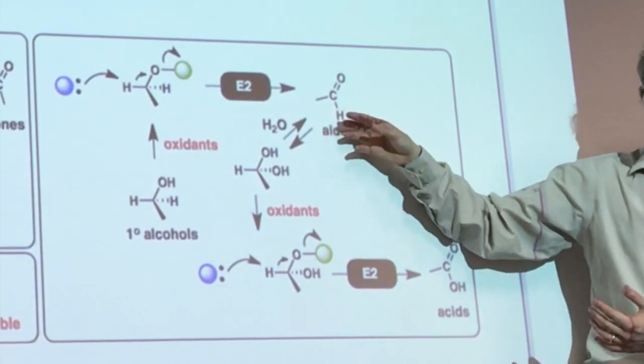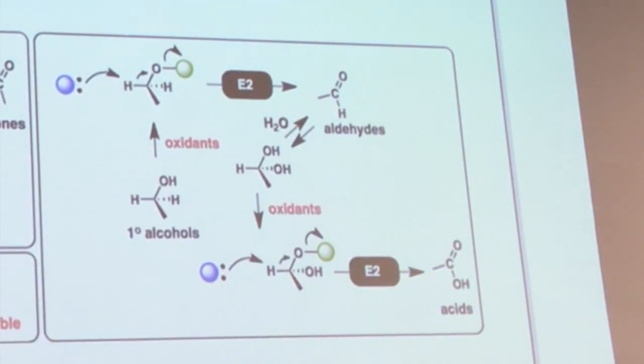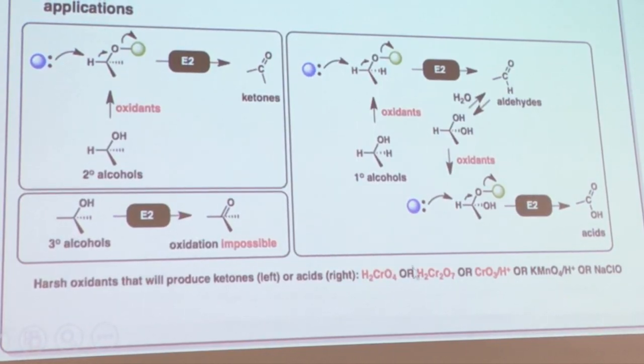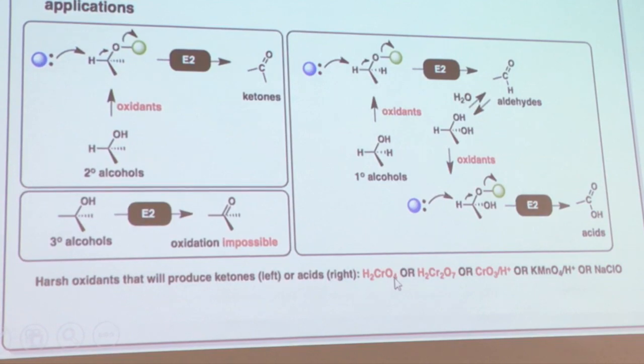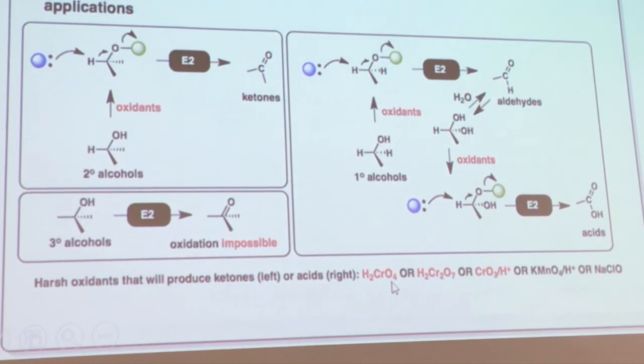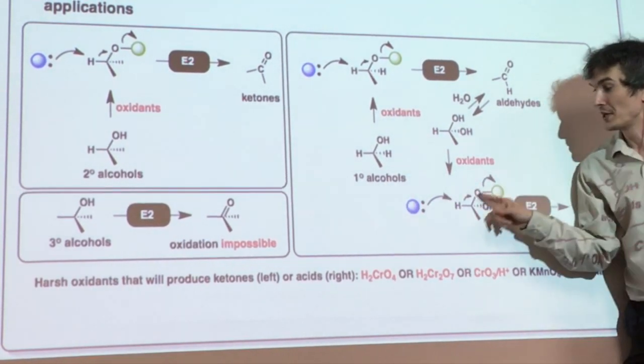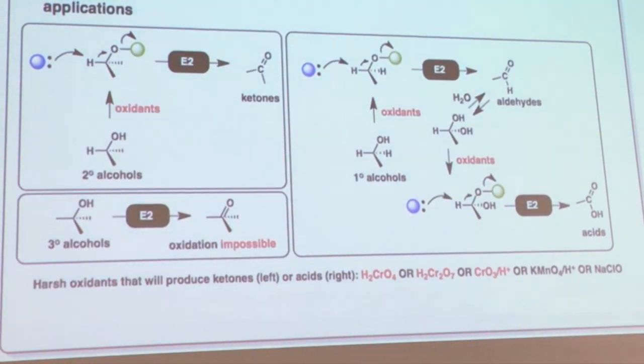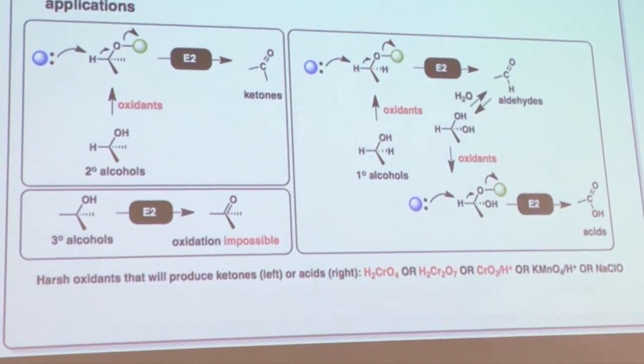Does it make sense? So maybe with examples it will make some sense. But the harsh oxidants are chromium based. Maybe H2CrO4. They are the harsh ones. They are the ones that will go all the way to carboxylic acid if you have an aldehyde. And some are mild. Which ones are mild? Do you recall which ones are mild?